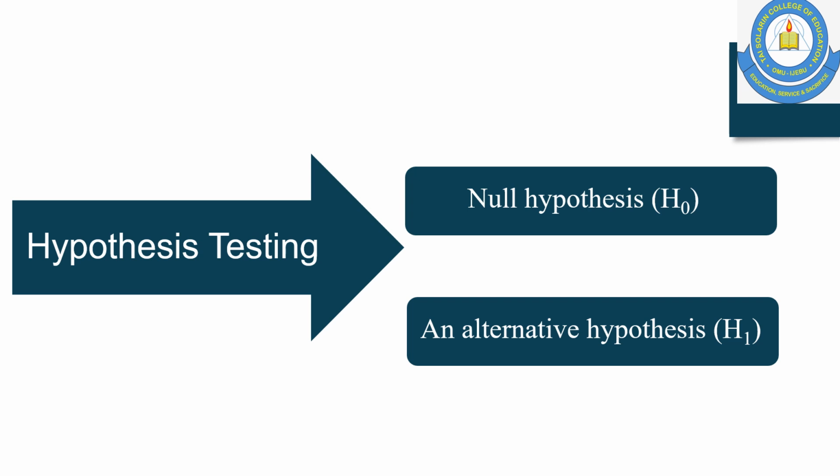The null hypothesis is a statement about a population parameter, such as the population mean, that is assumed to be true, while the alternate hypothesis is a statement that directly contradicts a null hypothesis by stating that the actual value of a population parameter is less than or greater than or not equal to the value stated in the null hypothesis.